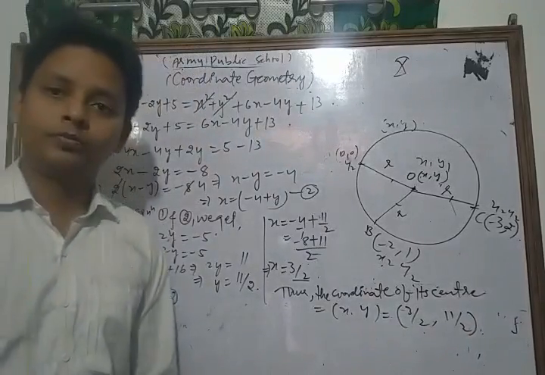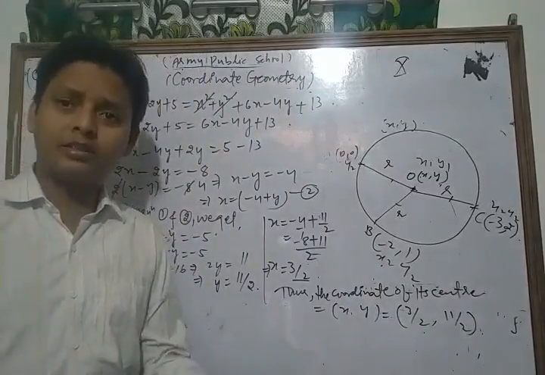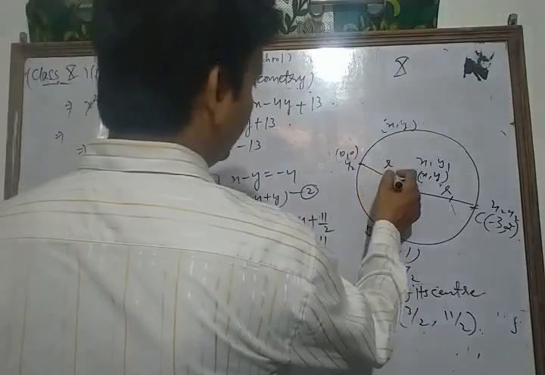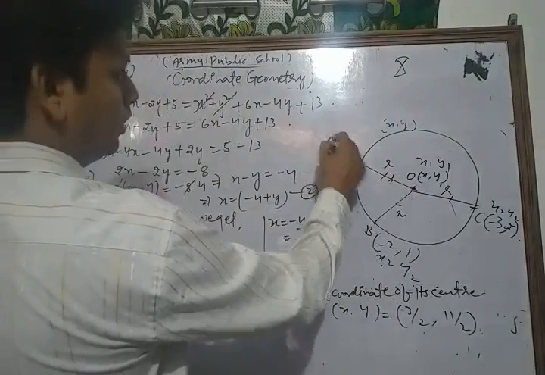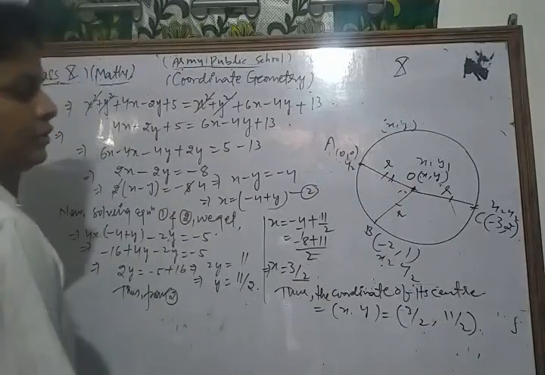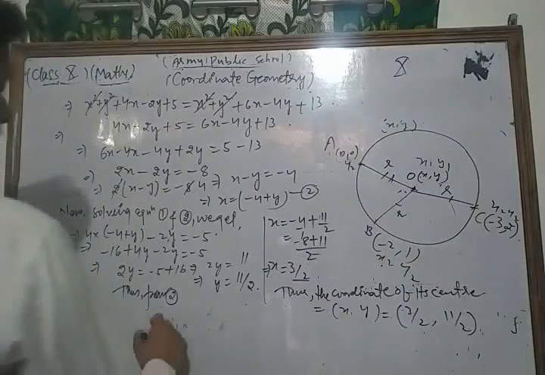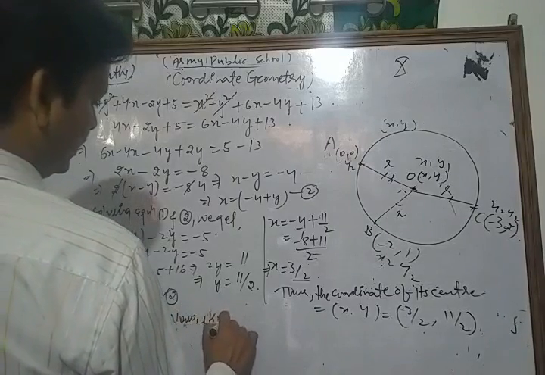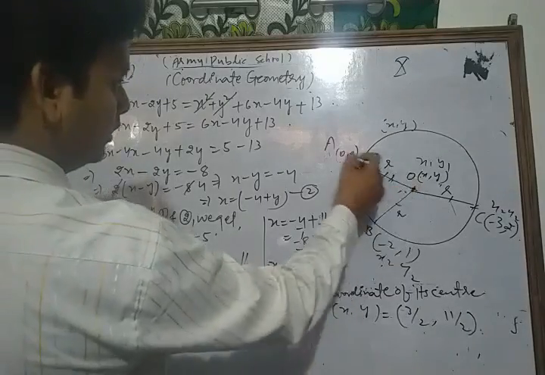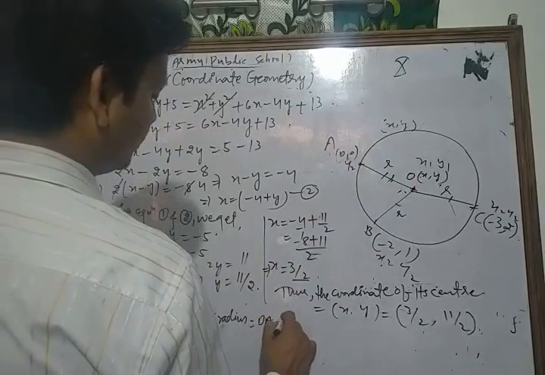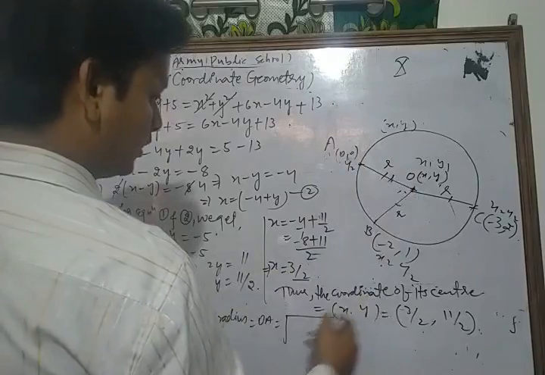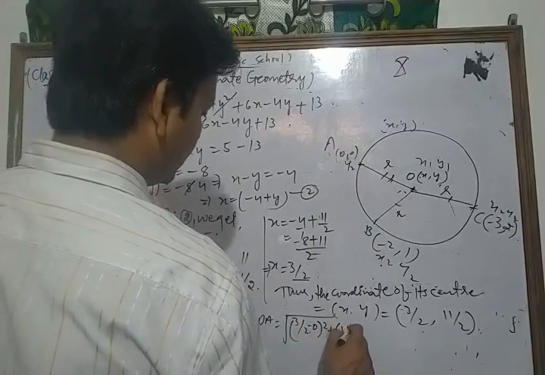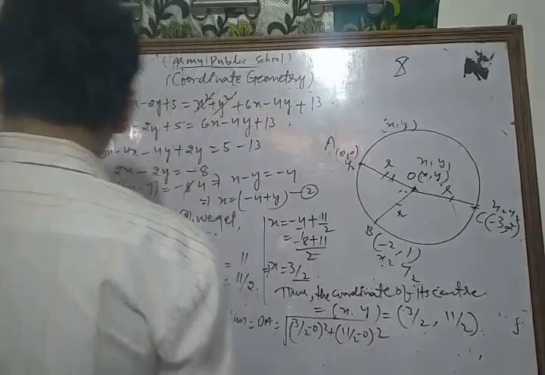Now last, we also find its radius. For finding the radius, you just find the distance between OA, OB or OC as you wish. So its radius, using the distance formula, OA: x1 minus x2, x is 3 by 2 minus 0 whole square plus 11 by 2 minus 0 whole square.